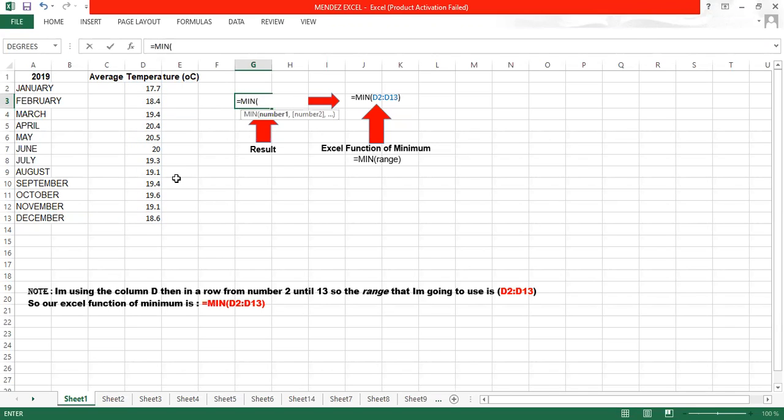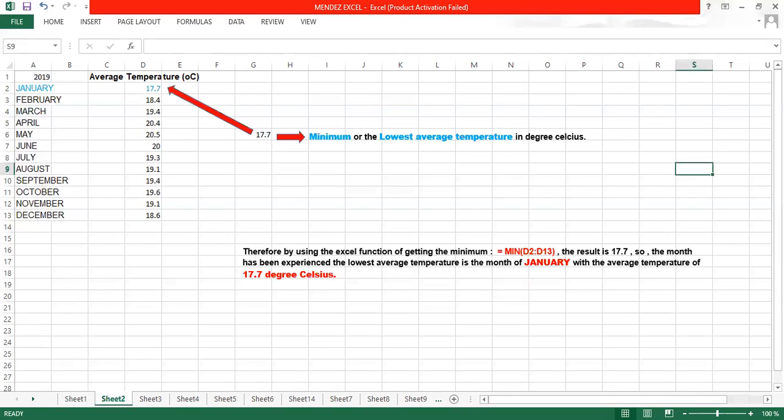Our range is D2 to D13, then close parenthesis, then press enter. So the result is 17.7. Therefore, by using the Excel function for getting the minimum, equals MIN open parenthesis D2 to D13 then close parenthesis, the result is 17.7.